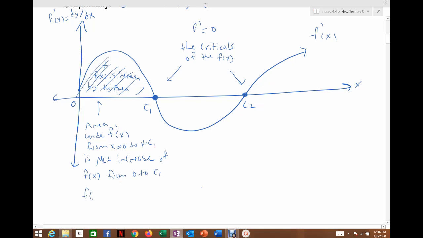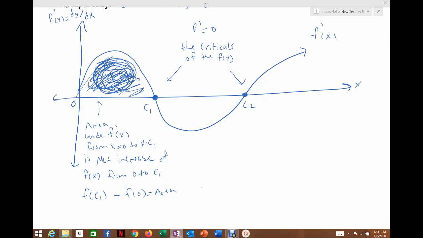It finds f of C1 minus f of 0. That's what that area represents, which I can find with my integration. That's what the net change theorem is telling me. And so if this were profit, this area would represent the total gain in profit from 0 to C1, whatever 0 and C1 represent.